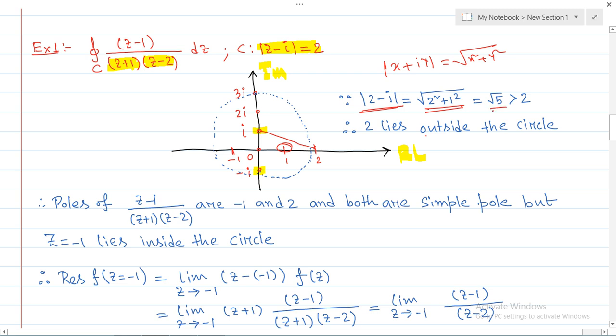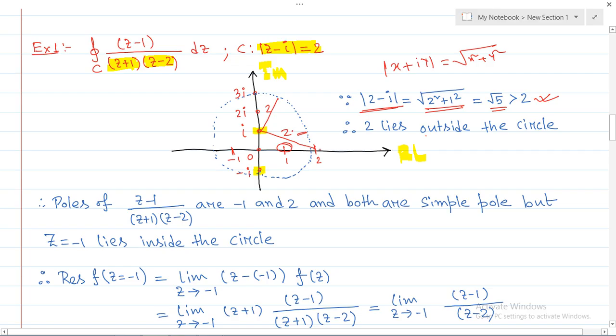So the value is going to be root 5. Root 5 is definitely more than 2, but the radius of this circle is only 2, so the point goes a little bit outside. This point is at a distance of 2 point something from i, but the radius of the circle is only 2, so the circle will definitely end a little bit before it.